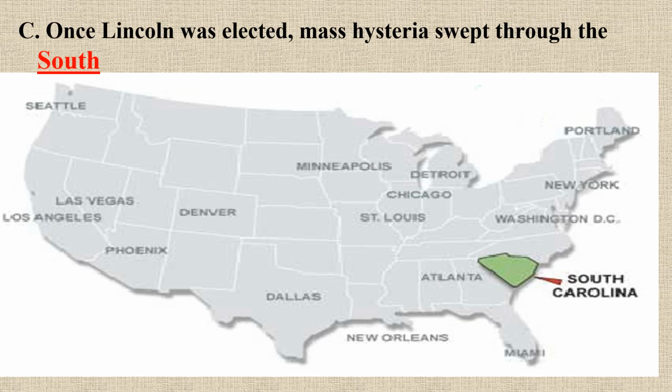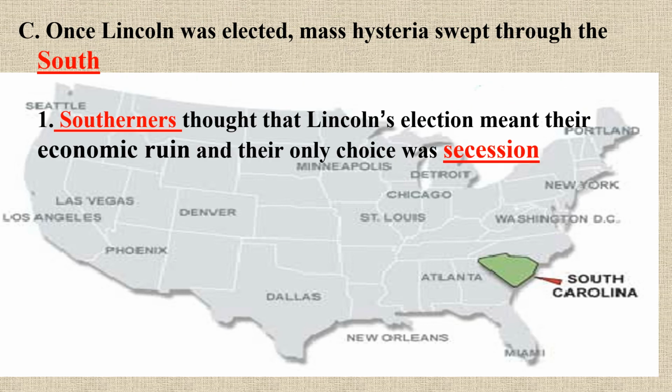First thing is that people freak out in the South. South Carolina, especially, freaks out, and they thought that Lincoln was going to end slavery, which would mean that all of them would immediately be poor because they wouldn't be able to afford to pay their workers to continue farming and doing their agriculture. And so they thought their only choice was to secede from the USA.